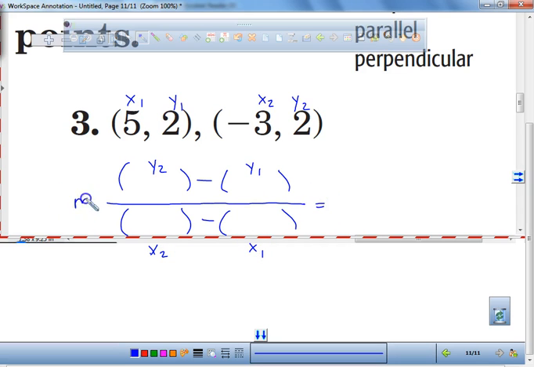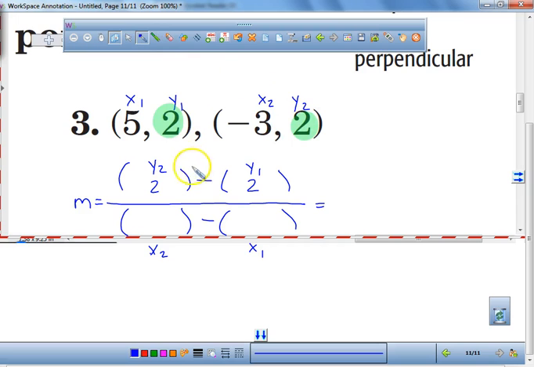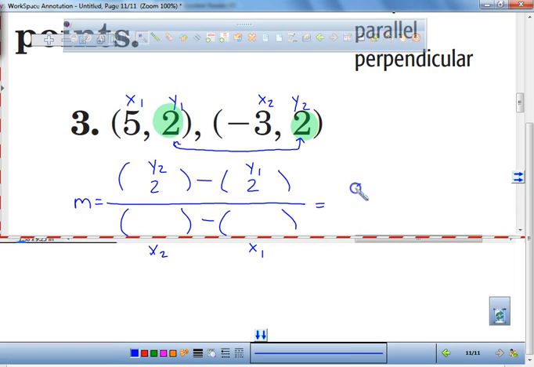Okay? My y2 is 2. My y1 is 2. You guys notice about my y values? They're the exact same number. What's the difference between 2 and 2? 0.